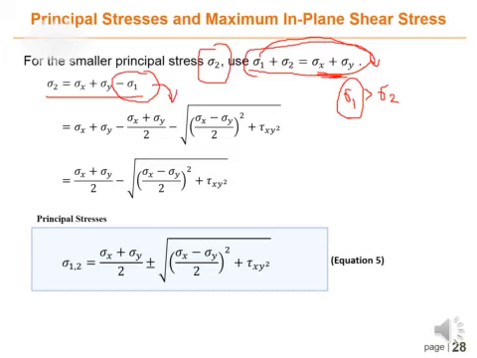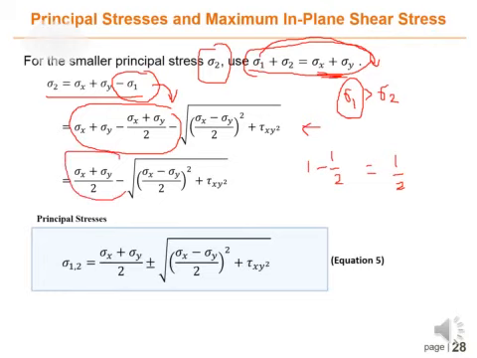Okay, so you will get this equation, and then you simplify this one. It is like 1 minus 1 over 2, which equals 1 over 2. So here you have 1 over 2 of sigma x plus sigma y minus the square root of sigma x minus sigma y over 2 squared plus tau xy squared.